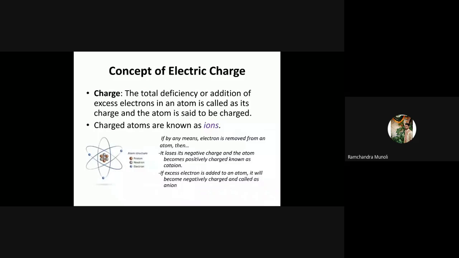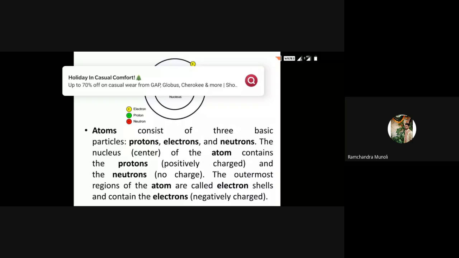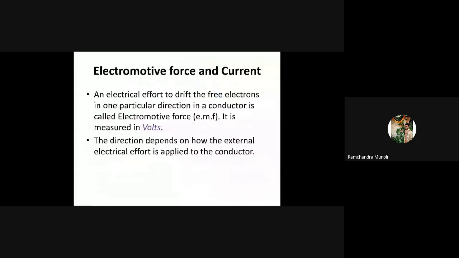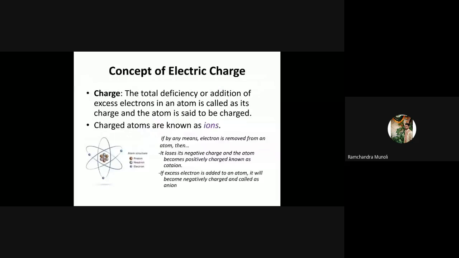This is what is defined in these words. The definition is: the total deficiency, meaning decrease, and addition, meaning increase, of excess electrons in an atom is called charge, and the atom is said to be charged. Okay, so this was about the charge part.